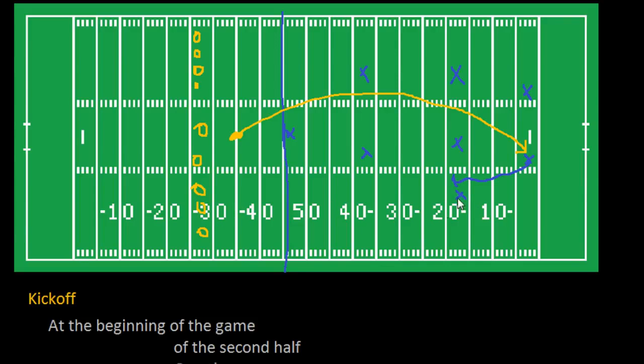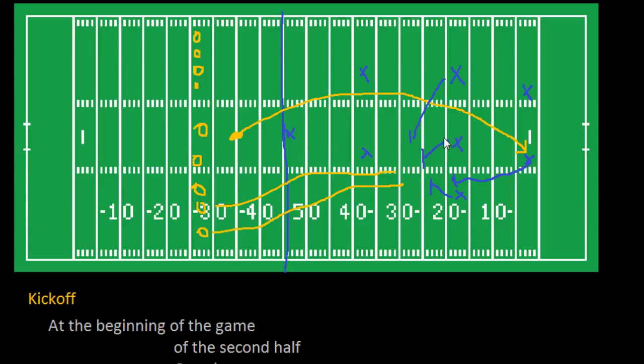Of course, these guys here will run up, will try to block for him wherever he decides to run, and at the same time, these guys on the team who kicked off, they will run down, they will try to tackle or pull down the guy who received the ball. And so wherever that would occur, that's where the first line of scrimmage would be, and then the blue team would become the offense.